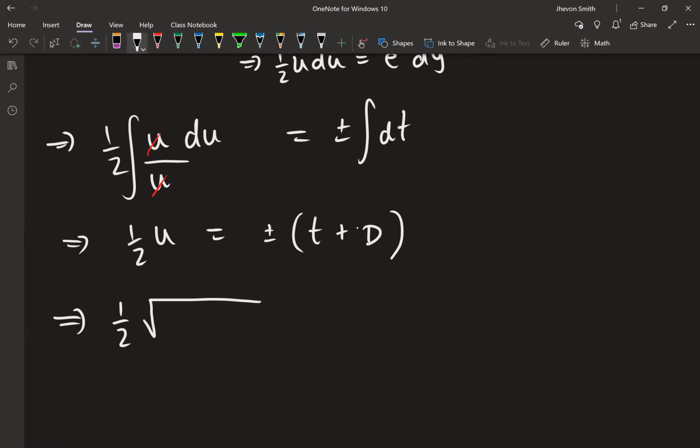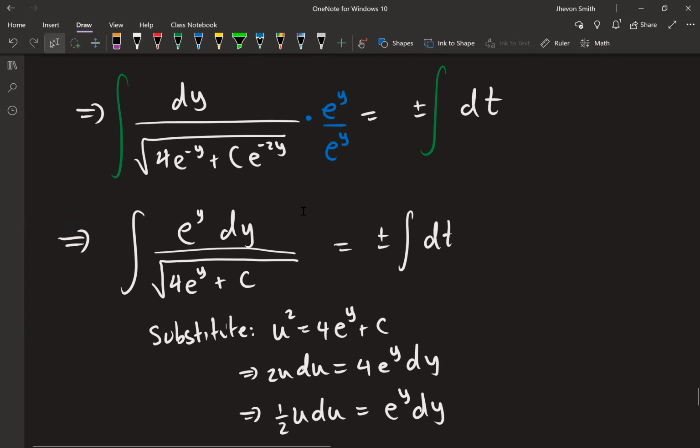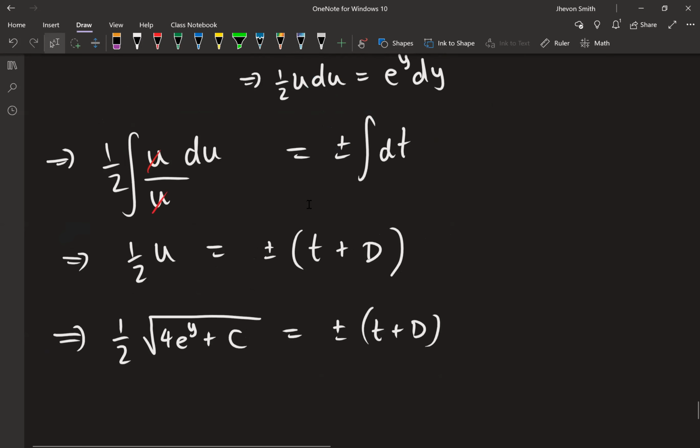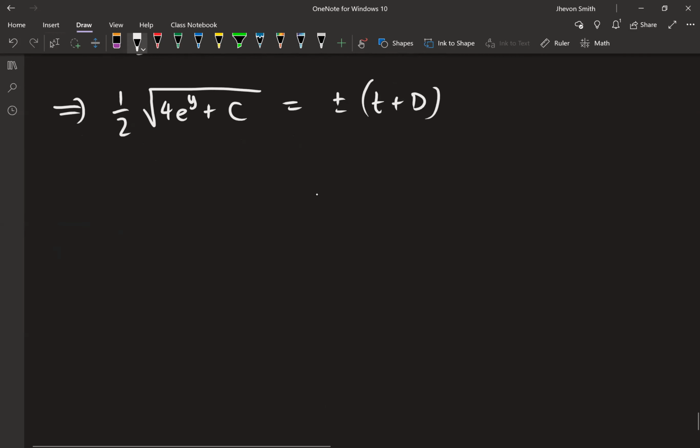This is the square root of 4e to the y plus a constant. Now I can square both sides.